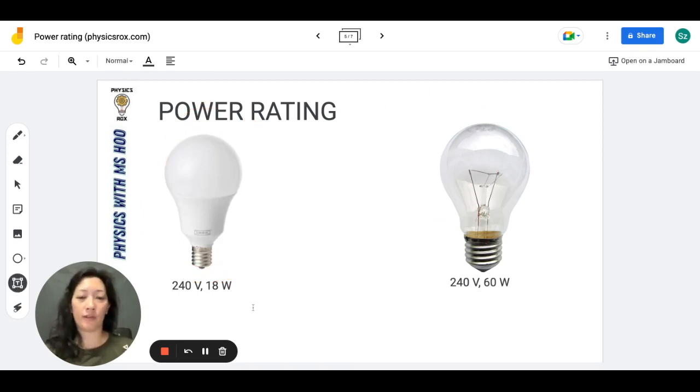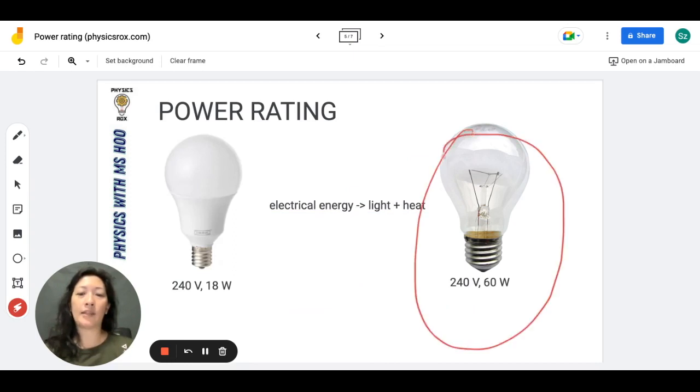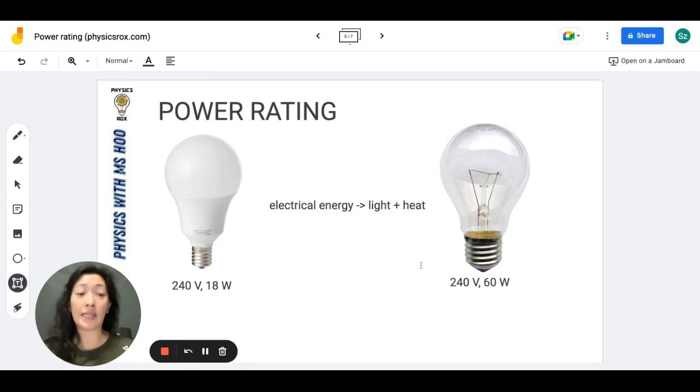So just to help you visualize this, electrical energy is converted to light and heat for both. But this bulb tends to produce much higher values of heat. For example, it could be producing maybe 10% light and 90% heat.